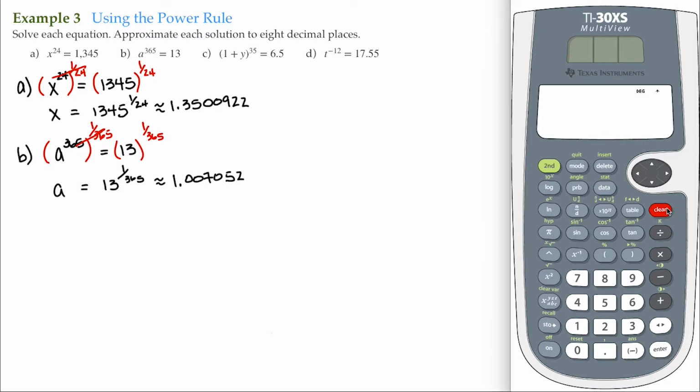So I like to check it by taking 1.007052 and raising that to the 365th power, knowing that it's not going to be exactly 13 because I'm rounding this to so many decimals. I hit enter, and I come up with 12.9999, and you can see that it's pretty darn close. So I think we're okay.